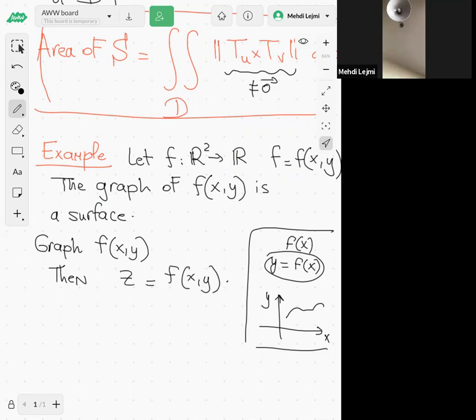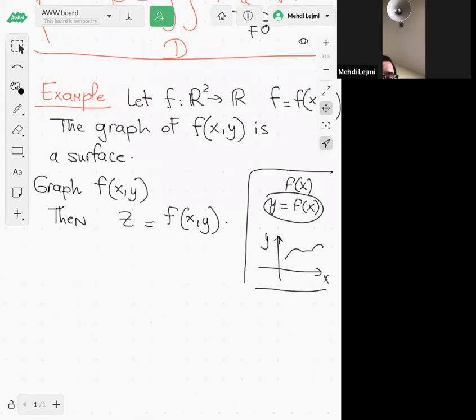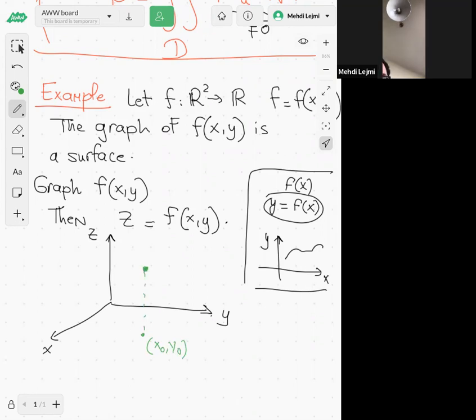And I explained on Tuesday that the idea is that here's X, here's Y, here's Z. So you have some point in the XY plane, let's say x0, y0, and by the function f, you associate its image. This is going to be x0, y0, f of x0, y0, right?